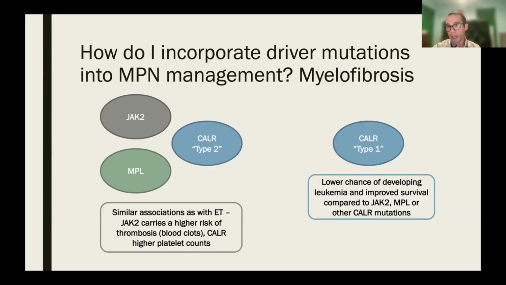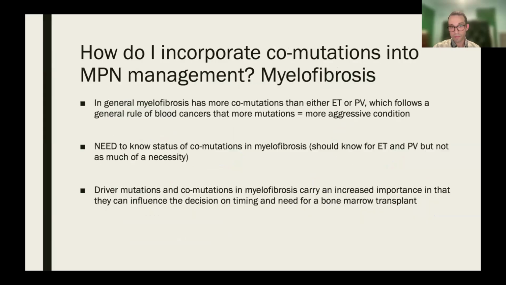So we know for myelofibrosis that the type 1 CALR mutation confers a lower chance of developing leukemia and is associated with improved survival compared to basically every other driver mutation for myelofibrosis. And we'll see how that's incorporated in some scoring systems in a second.